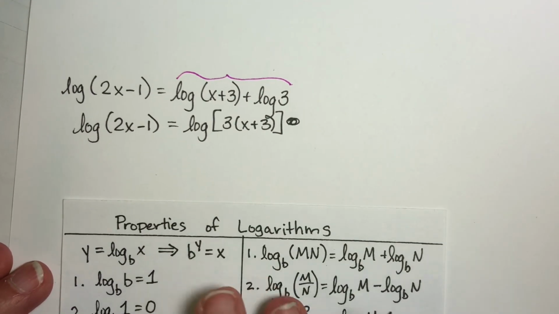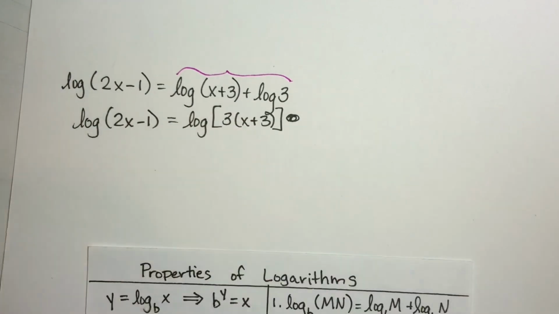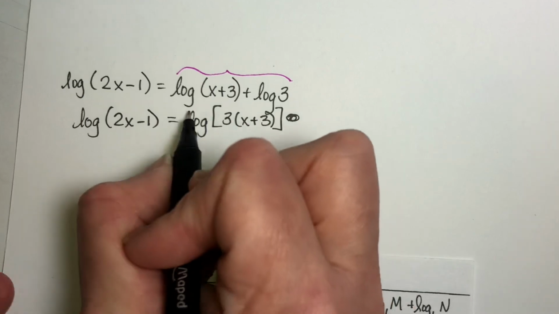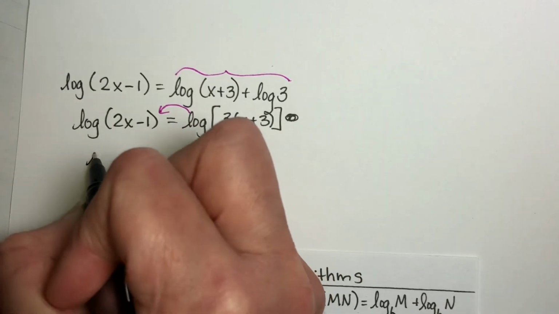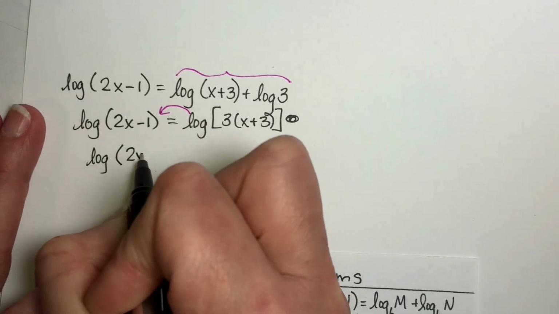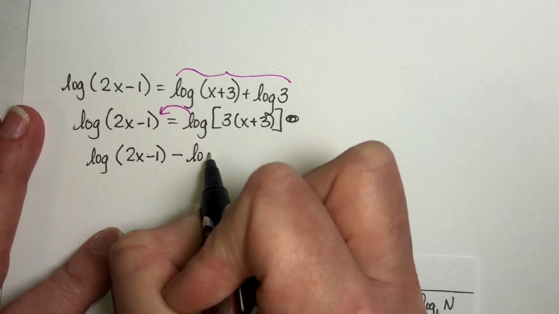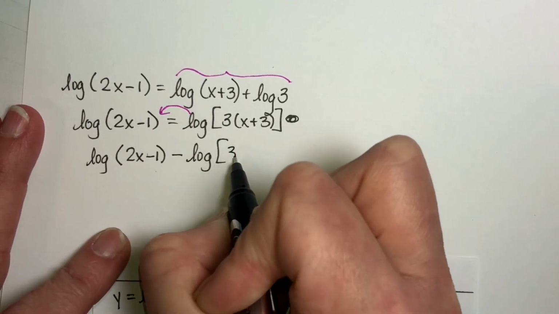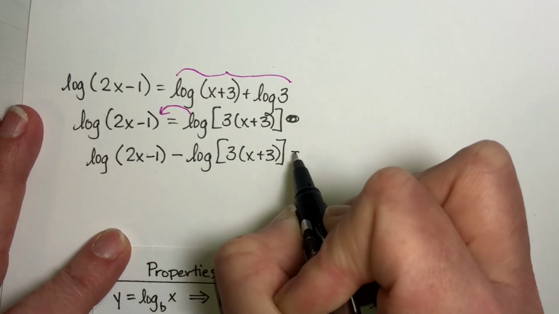Now here I just dropped the logs previously and we solved the arguments equal to each other. I am allowed, though, to subtract this over here. So what that would give me is log of 2x minus 1 minus log of 3 times (x plus 3) equals 0.